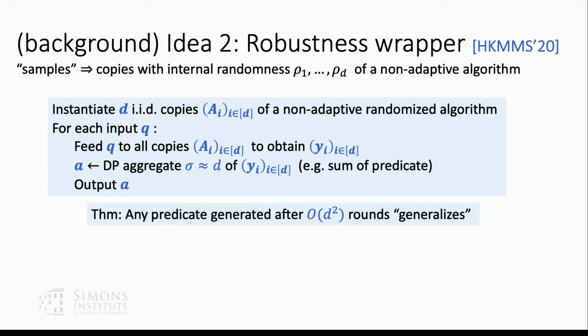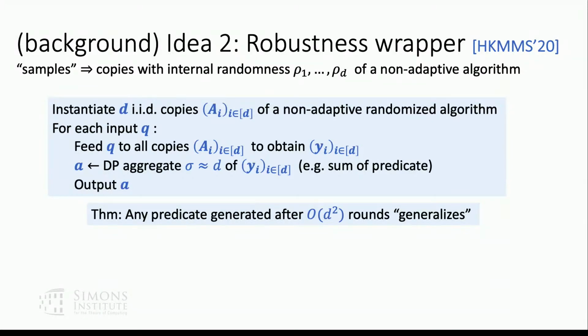And then each time we have an input, we feed it to all these copies. Each copy gives us an answer. But we're careful with how we use the answers. We need to do some DP aggregation of these answers, and then we just output that.